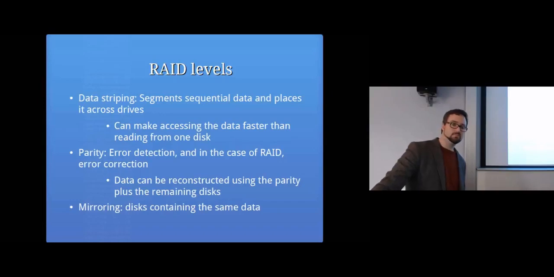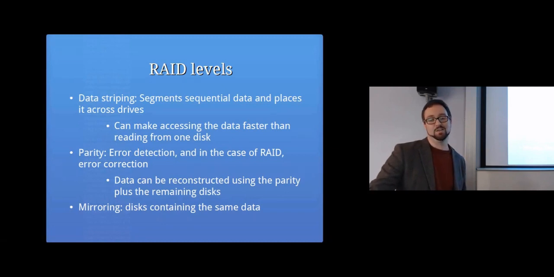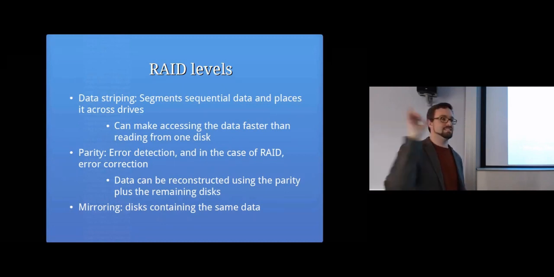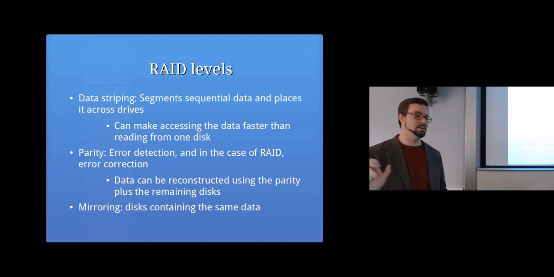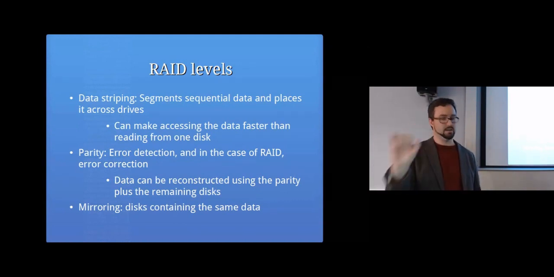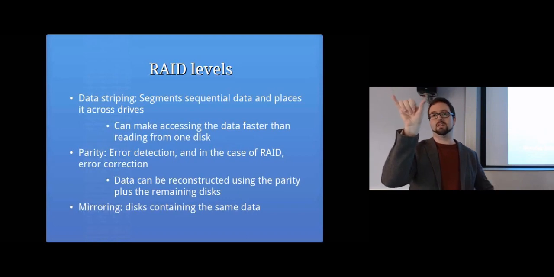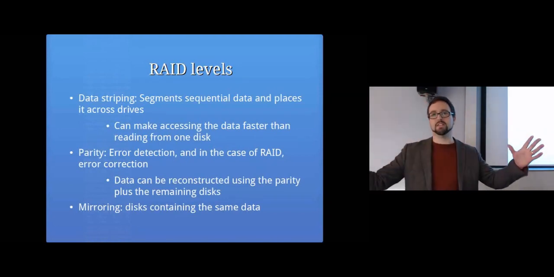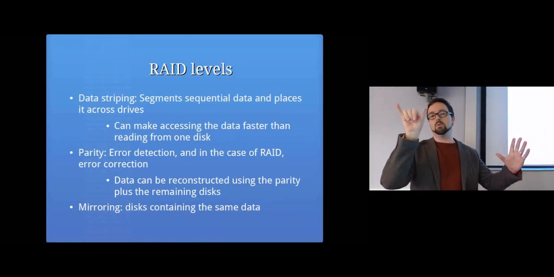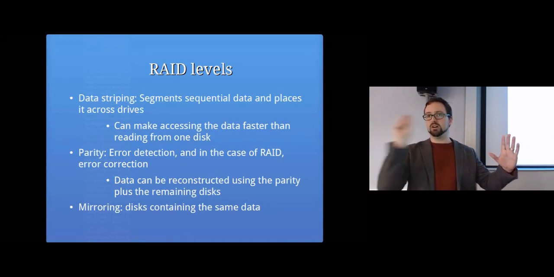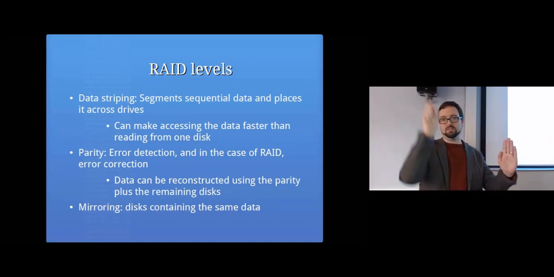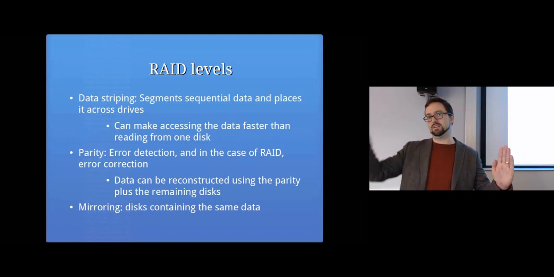So data striping, or is it stripping? Striping, I'll go with, is basically where it takes the data and stores it across the hard drives. Say, for example, you had this much data and 5 hard drives to share it across. It would break that up into little blocks, put the first bit onto this hard drive, the next bit onto the next one, and so on.